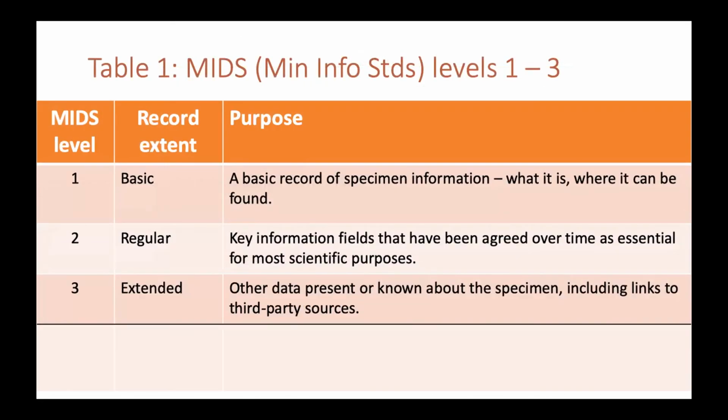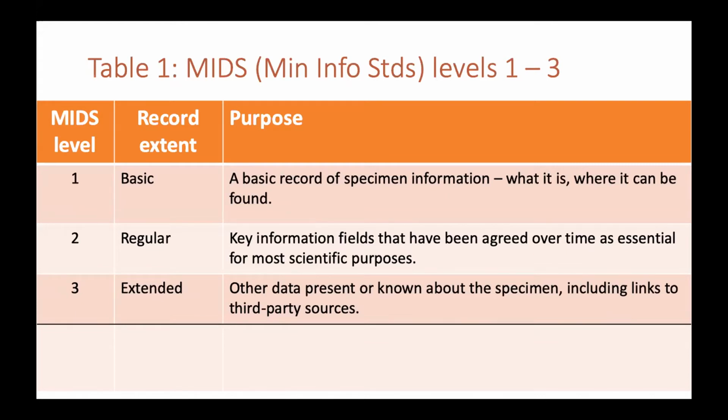Now the next set of slides, again, we're back to colorful slide land, which means they're not mine. This is the minimal information standards for each of these specimens in 3 different levels, MIDS 1, 2, and 3. 1 is basic record of specimen information.